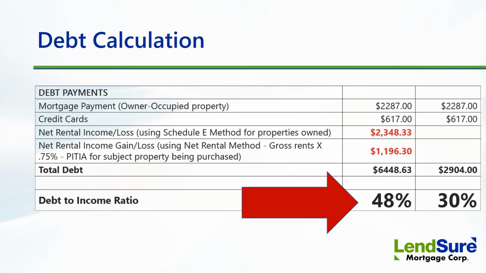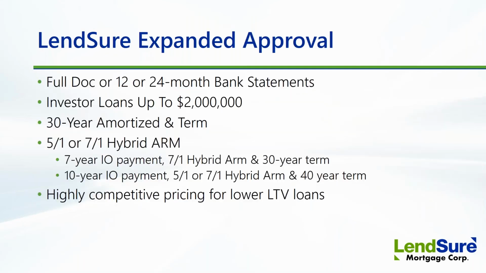It meant this deal wasn't going to get done by Fannie Mae. So the broker comes in our direction, and because we add it to adjust income and don't use it as debt, you can see the change in DTI. For us, we saw it as a 30% DTI, and we're able to close the loan. Next slide.